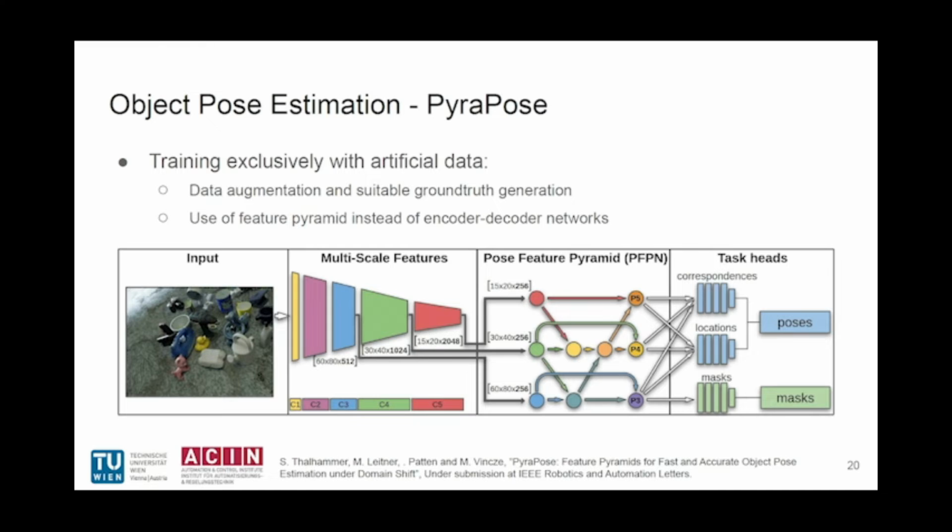But second of all, it's also using what's called a feature pyramid instead of just an encoder-decoder network as before. And it's been shown to perform better under a sim-to-real gap.